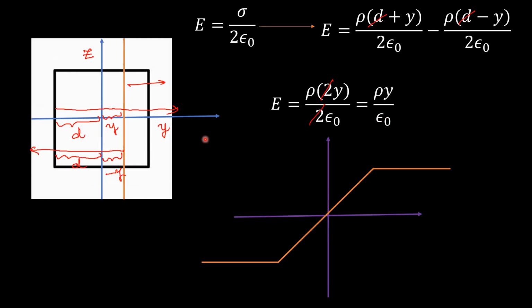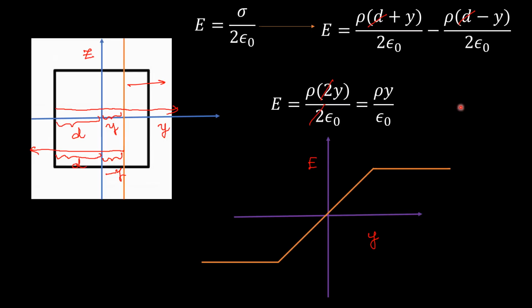Now we have to plot the graph between y and E, where this is y and this axis is E. As asked in the problem, we have to plot the graph between electric field and y direction. What is the electric field along y direction?